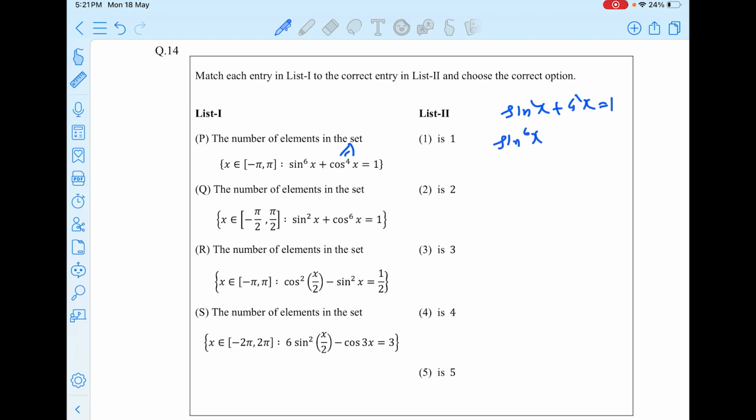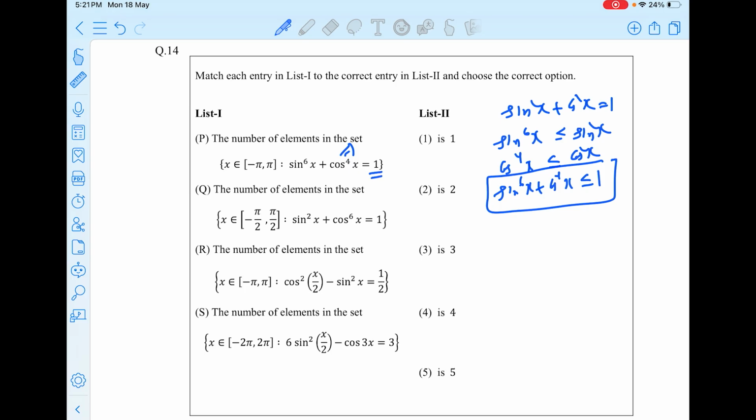So sin power 6 x is less than or equal to sin square x, because sin x is between minus 1 and 1. In minus 1 to 1, if you increase the power, the effective value will decrease. Similarly, cos power 4 x is also less than or equal to cos square x. So sin power 6 x plus cos power 4 x is less than or equal to 1. But here it is equal to 1.